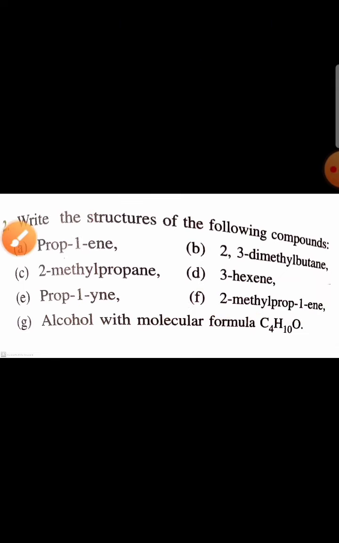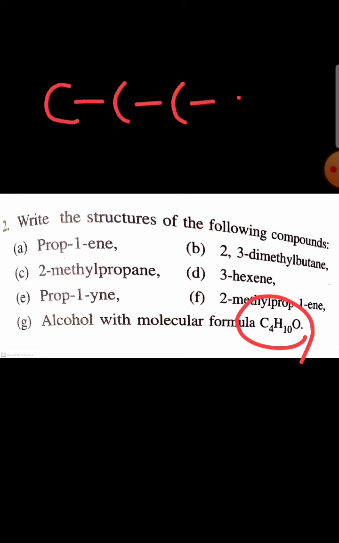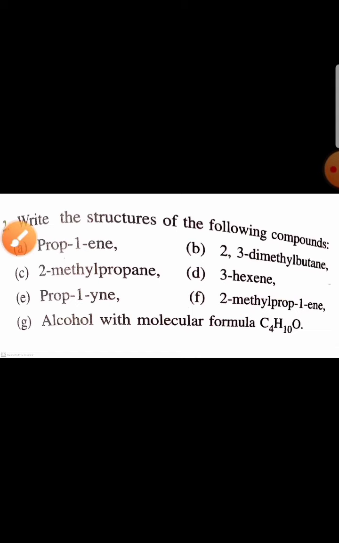Now we are going to write the alcohol with 4 carbon atoms, a 4-carbon alcohol. So 1 2 3 4, a 4-carbon chain, and we are going to mention the alcoholic group. OH is an alcohol. One second.